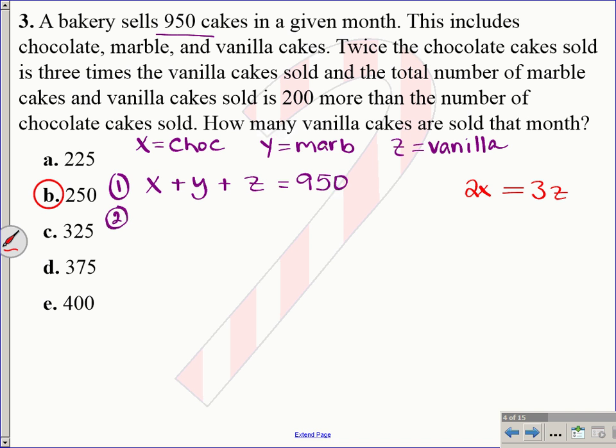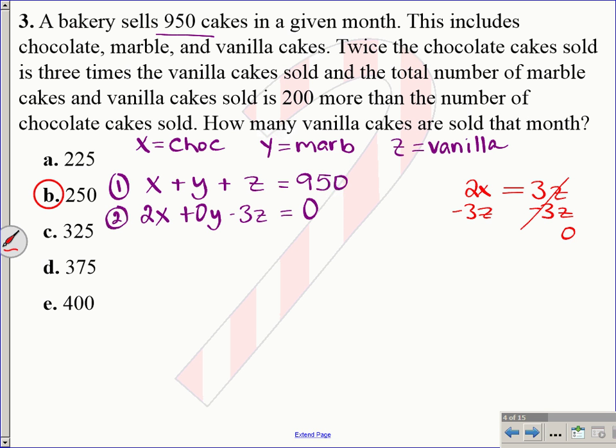So I've got the 2x. There are no y's in this equation, so I'm going to put plus 0y. But our z is on the right side of the equation and we need it on the left side. So I'm going to go ahead and subtract it over so that I get minus 3z. And that leaves 0 for the constant on the right side.